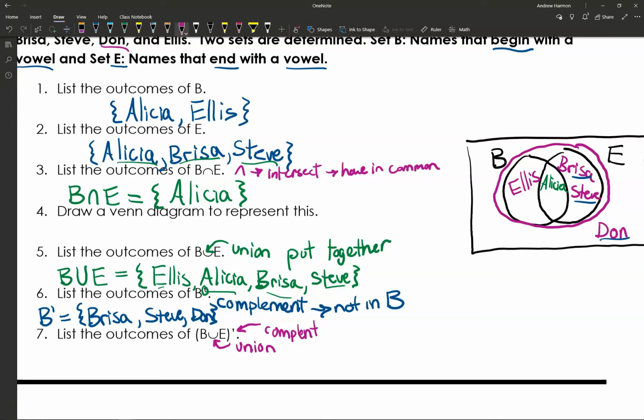Well, the only name not in either of those sets is Dawn. So this answer, B union E complement, is just simply Dawn. And set notation there.